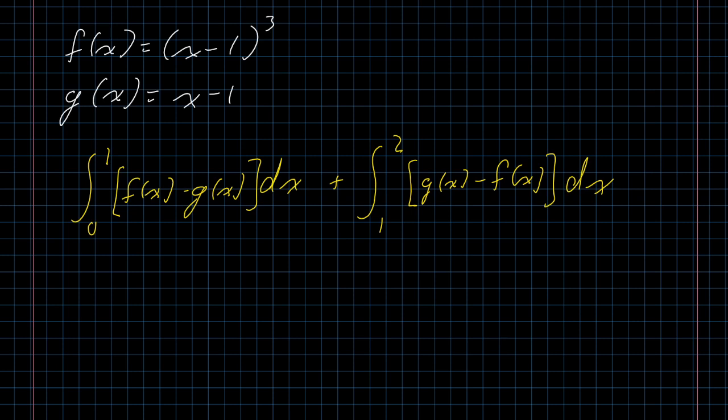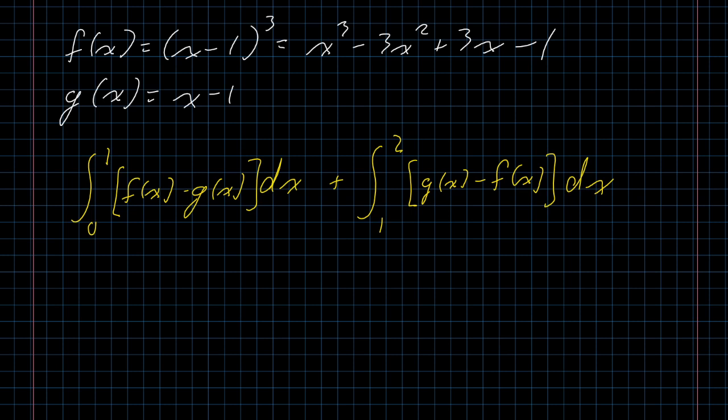I'm also going to take the time before I plug things in to come back up here. (x minus 1) cubed is x cubed minus 3x squared plus 3x minus 1, making sure I got the signs right there.